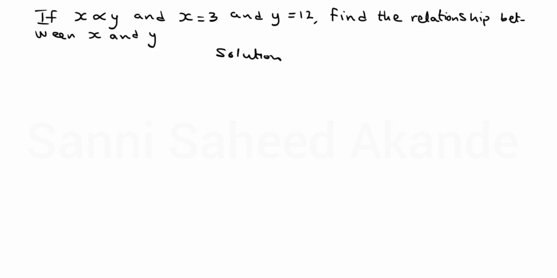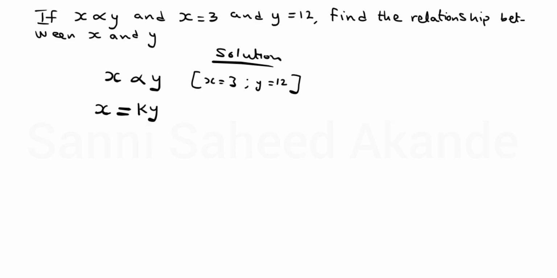So x is directly proportional to y, and we are given that x is equal to 3 and y is equal to 12. Now this proportion sign, I will change it to equal sign so that I can have an equation to work with. If I change this proportion sign to equal to, then I must introduce a constant. So I will call that constant k.